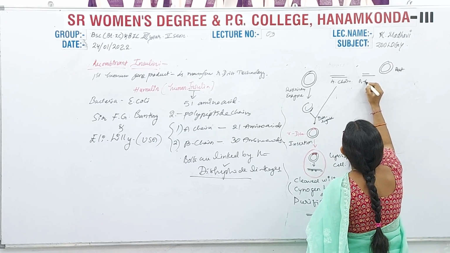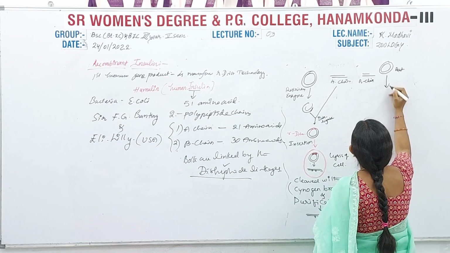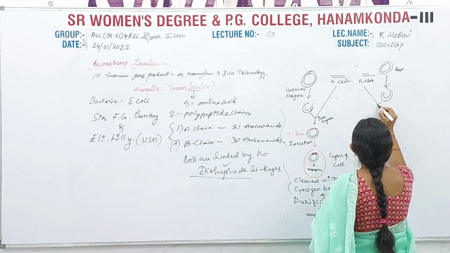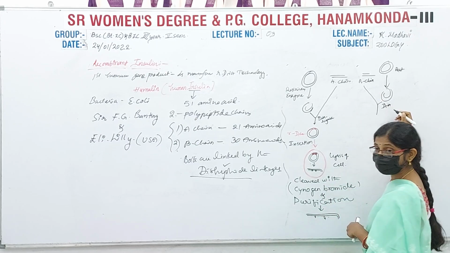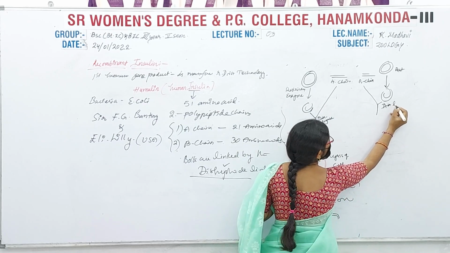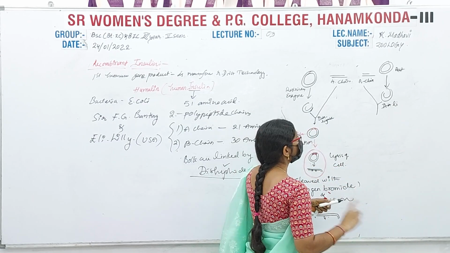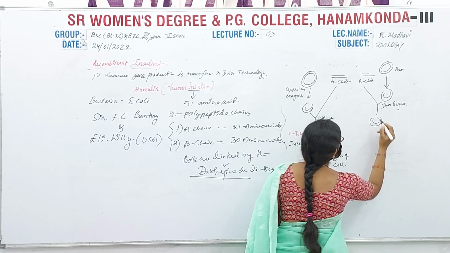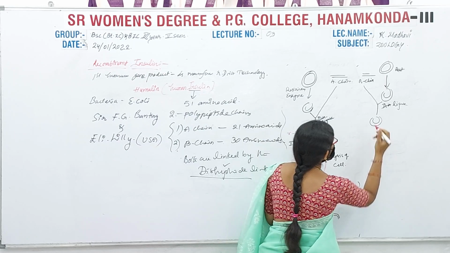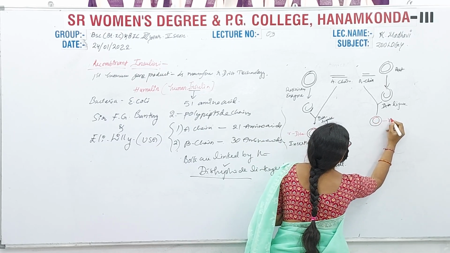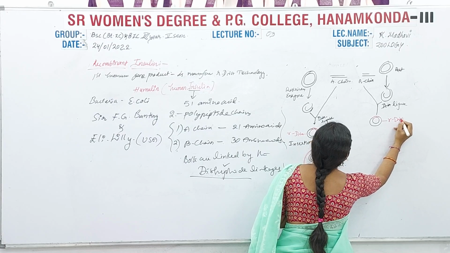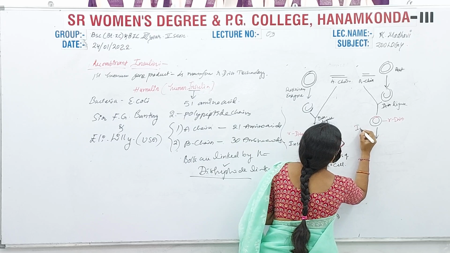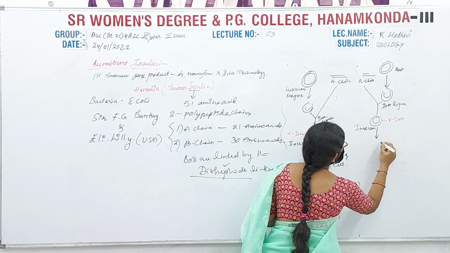This is the B chain, and next we are cutting on this side, and both are fused using DNA ligase. We use it for joining both the plasmid and the chain, and now it forms an rDNA. This rDNA is inserted into the E. coli.